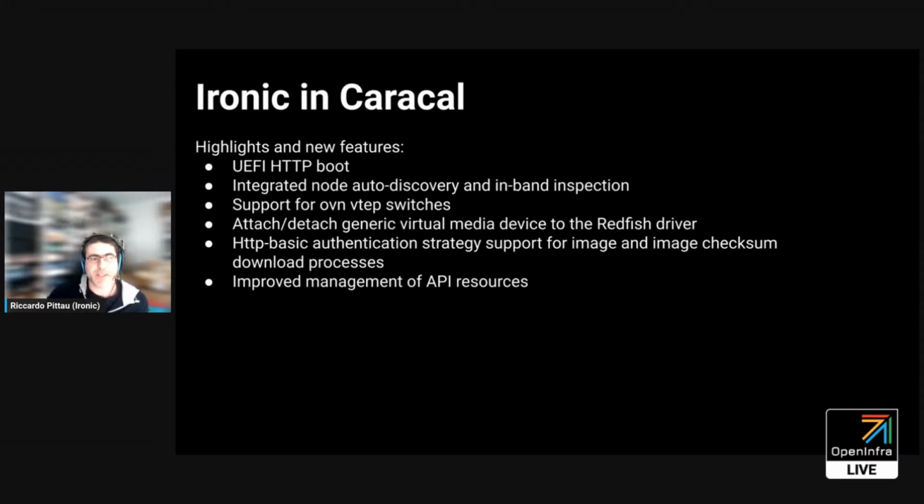The next feature is HTTP basic authentication strategy support for image and image checksum download processes. When the Ironic Python agent loads on a node and prepares the node to be provisioned, we have to load an image that is going to be written to the hard drive.